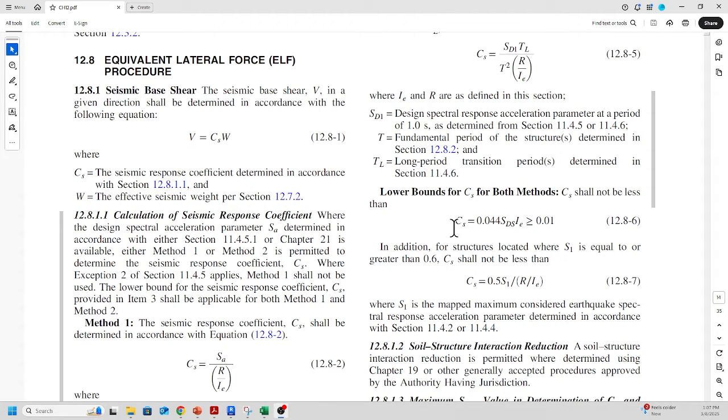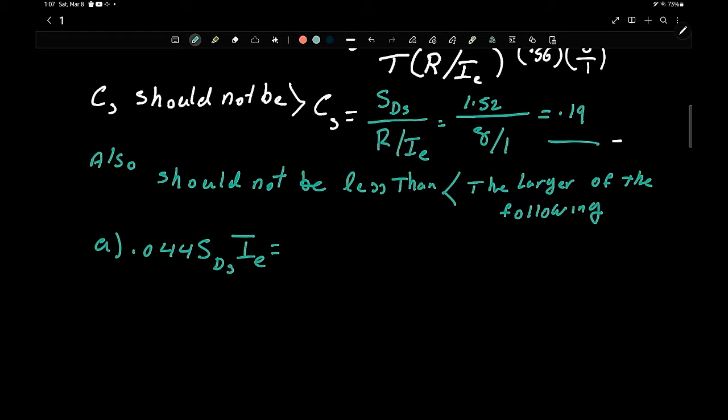It cannot be less than this, or 0.01. So let's go back to our writing, and that was 0.044 SDS IE.